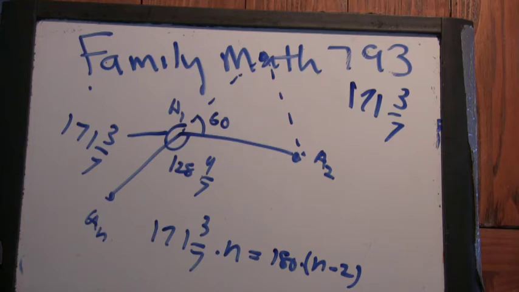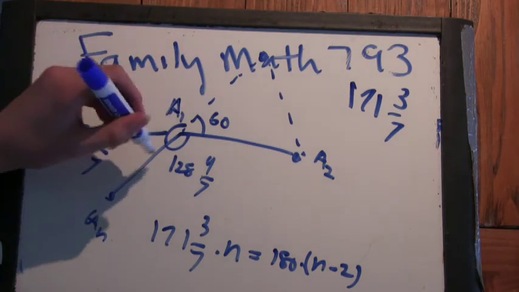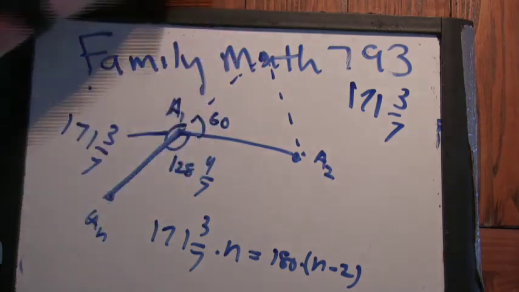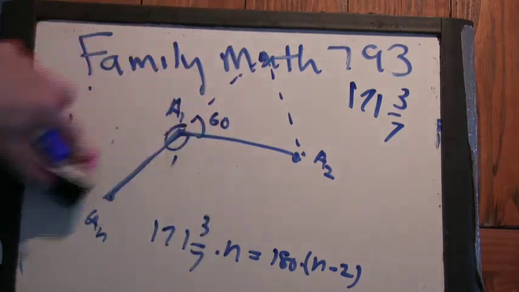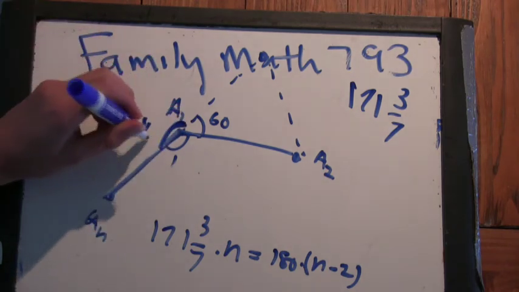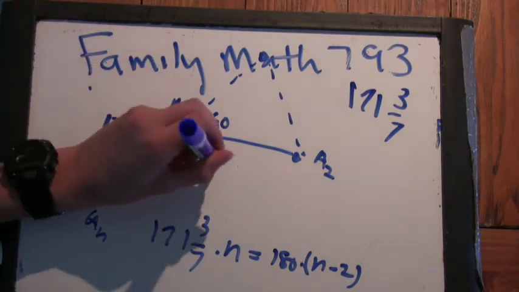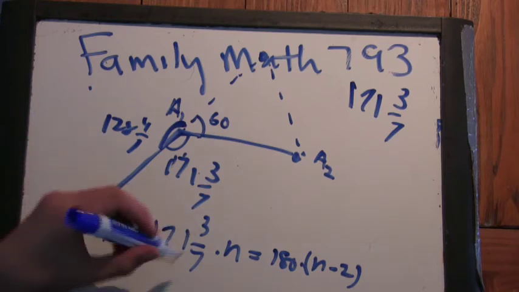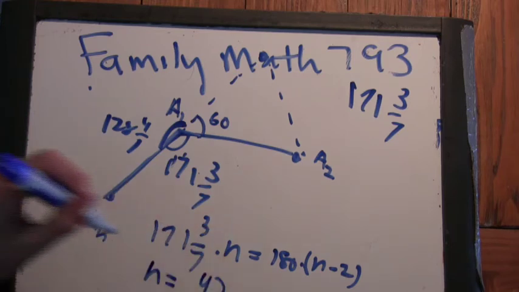If you're going to have the 7-sided polygon, it's AN, A1, B. This is 128 and 4/7, and this is 171 and 3/7. So then you know 171 and 3/7 times n is 180 times n minus 2, which is going to simplify to n equals 42.